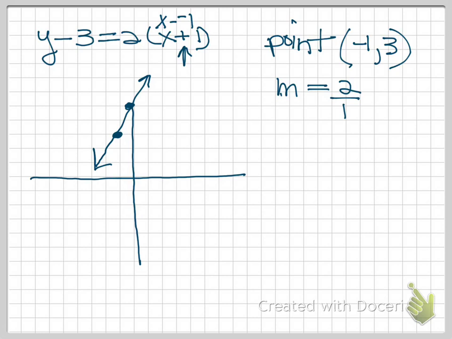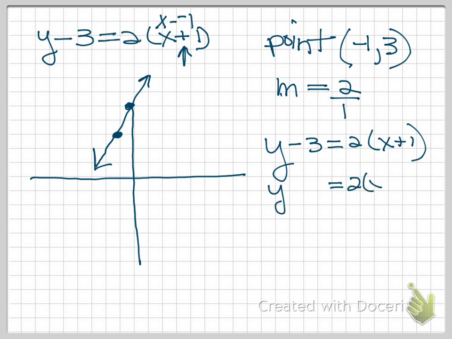Okay, can you take this form and change it into slope-intercept form? Let's see if we can. So I have y minus 3 equals 2 times (x plus 1). I want y by itself. So y equals, if I add 3 to both sides, 2 times (x plus 1) plus 3, right? Because if I add 3 here, that's gone. Add 3 here. Now I'm going to have to distribute this 2.